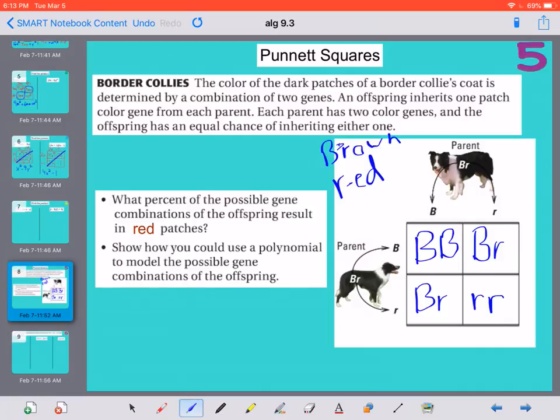So what percent of the possible gene combinations result in red patches? Well, it looks like we have 1 out of 4, so about 25% chance.